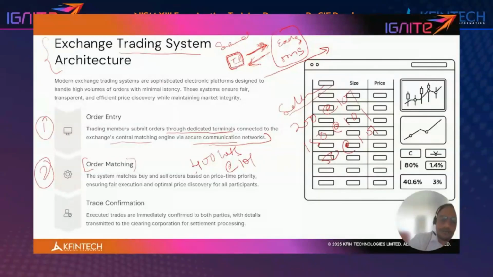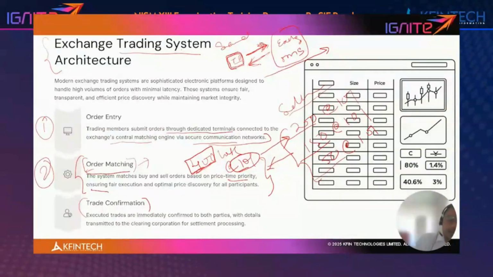So to fulfill 400 buy orders, 3 sell orders have to come in because the total should match 400 over here and 400 over here. All this order matching is done by the order matching engine. It could be on price priority, or it could be on other mechanisms that you will see in detail. But for now, just understand order matching is basically it will try to match the price and the quantity with the seller and vice versa.